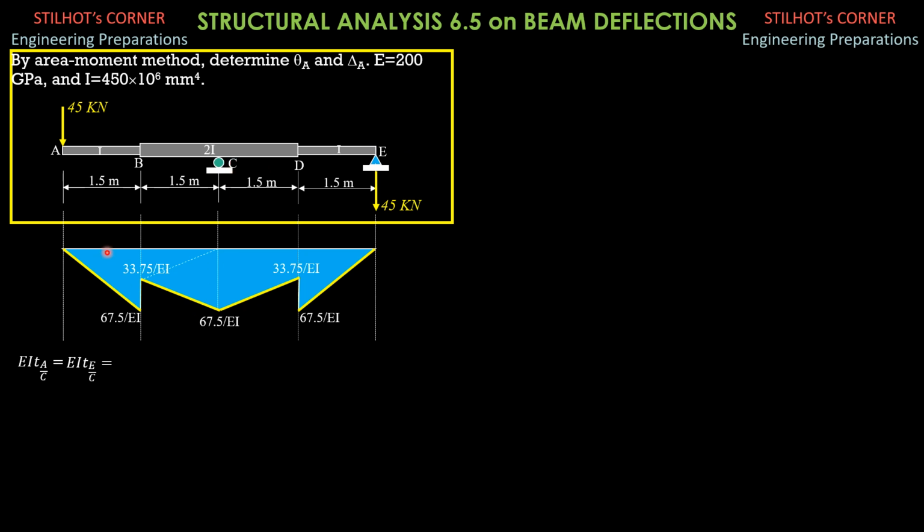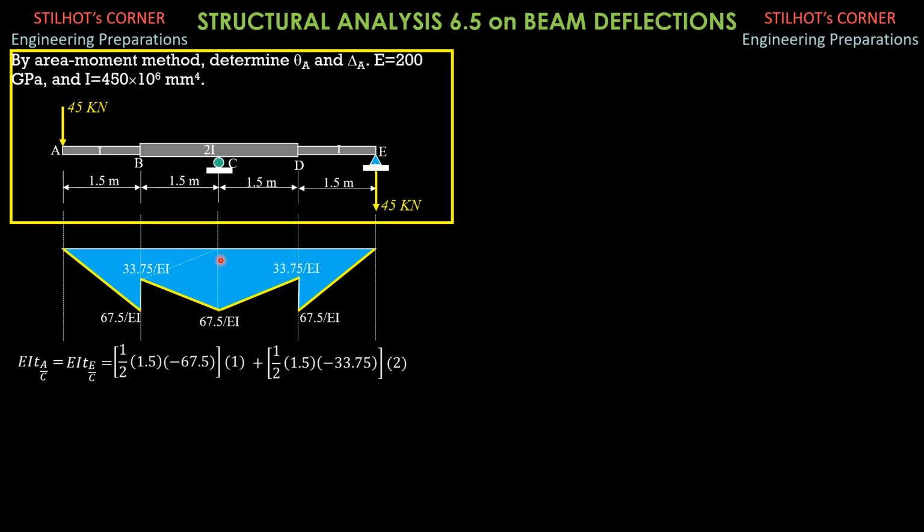And let's just focus here. It is equal to this area here, 1/2 of 1.5 times negative 67.5 times 1, where 1 is 2/3 of 1.5. Then plus this area here, 1/2 of 1.5 times negative 33.75. 1/3 of 1.5 is 0.5 plus 1.5, so the moment arm is 2 from point A. So plus 1/2 of 1.5 times negative 33.75 times 2.